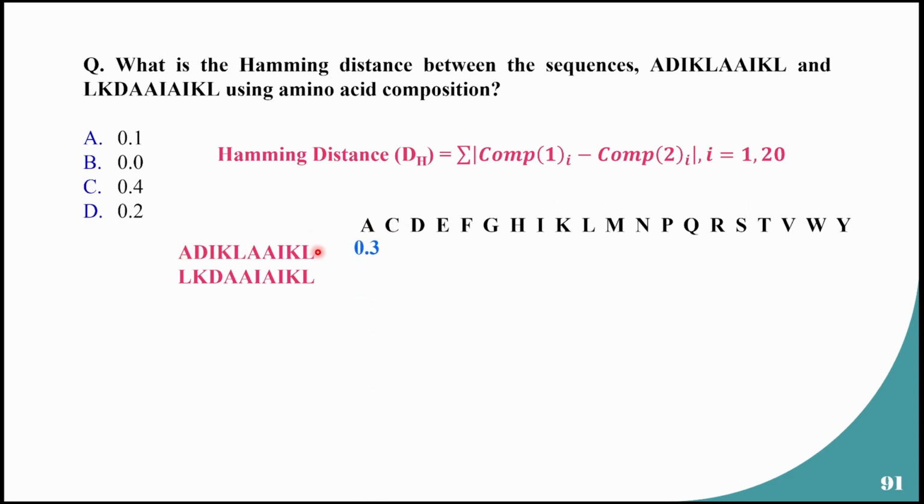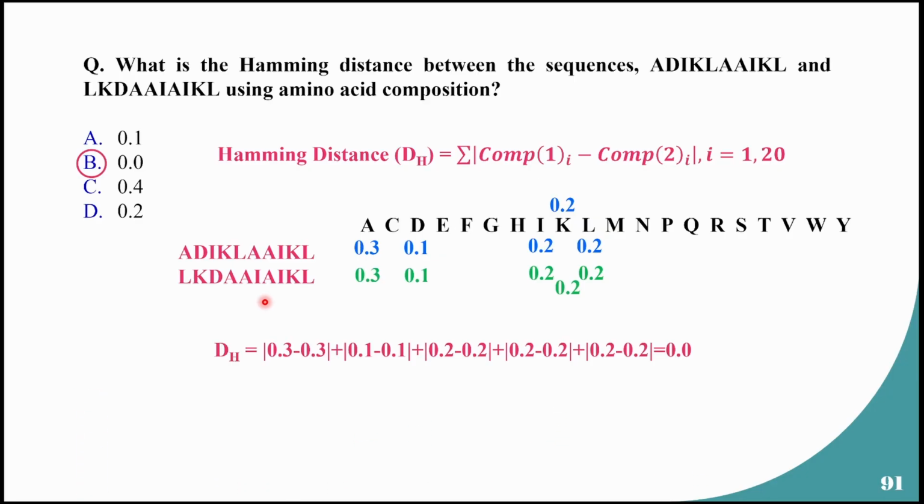In this set of sequences, alanine is present 3 times. Out of 10, you have 3 alanines, so the composition fraction will be 0.3. You do this for all of the possible amino acids, and then do the same calculations for the bottom sequence. Now for the distances, you do a compositional difference.